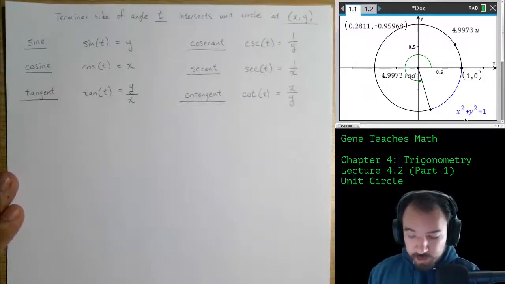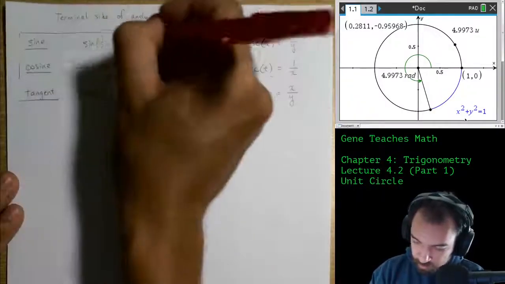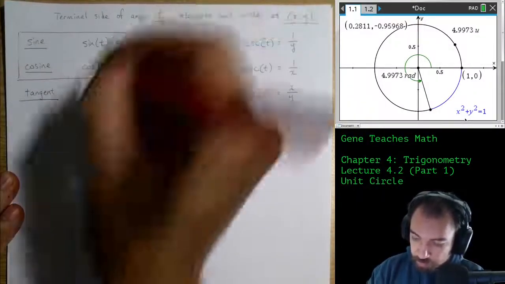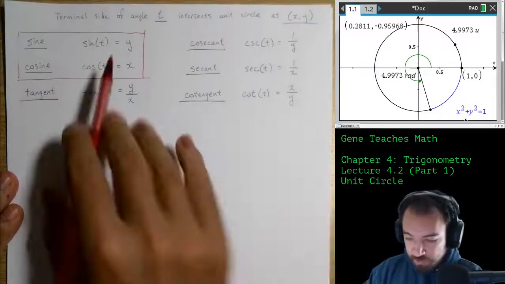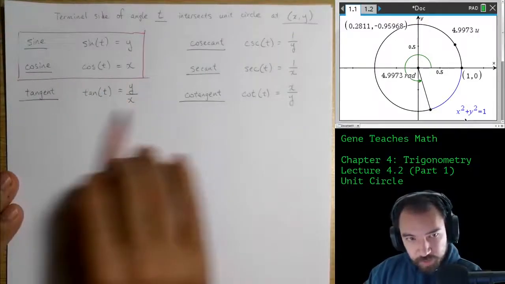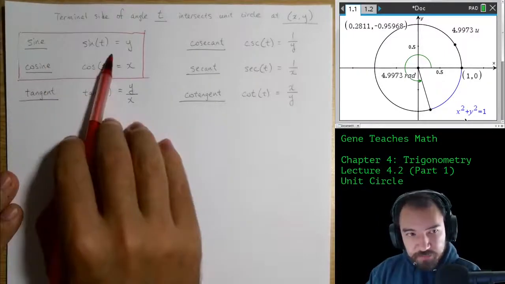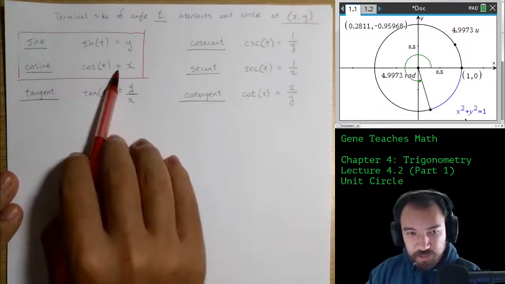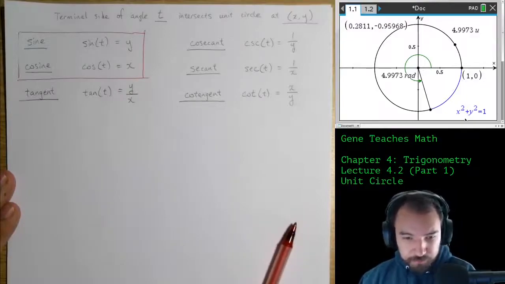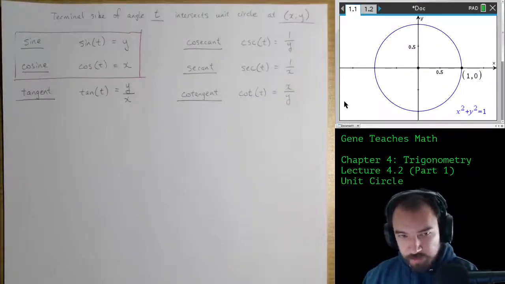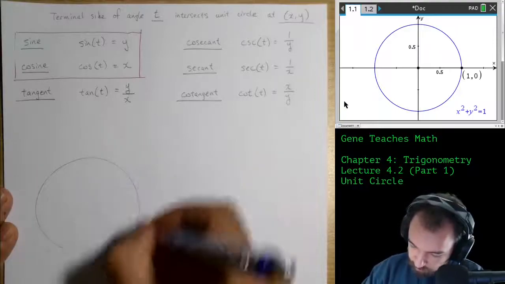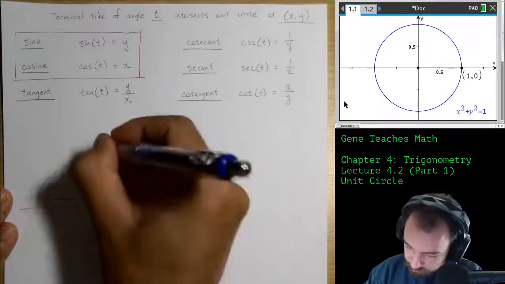What you really, really need to know at this stage, these two. And remember that everything is related to the y-coordinate and the x-coordinate by these definitions. But most importantly, you should be familiar that sine of t is the y-coordinate and cosine of t is the x-coordinate. So as an example of this, let's imagine we have a circle. It's a unit circle.